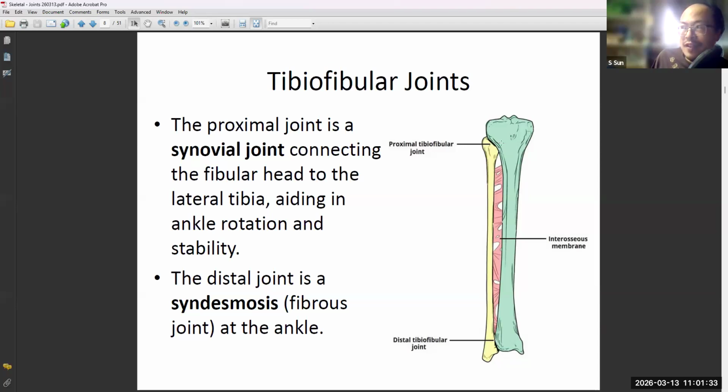The proximal one is actually more free to move. It's part of the knee movement, allowing your knee to rotate. The distal one allows your ankle to rotate, right? So that's that.